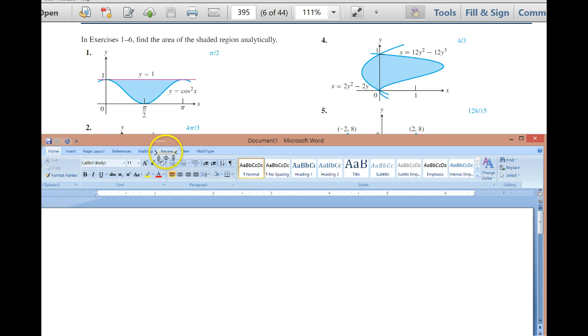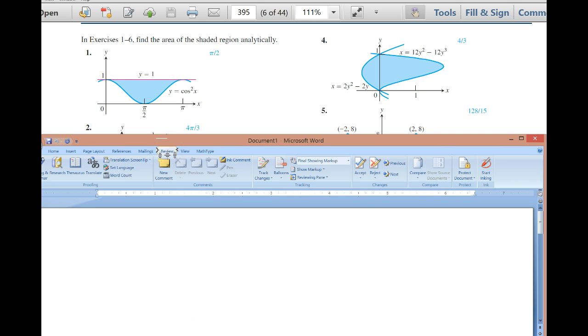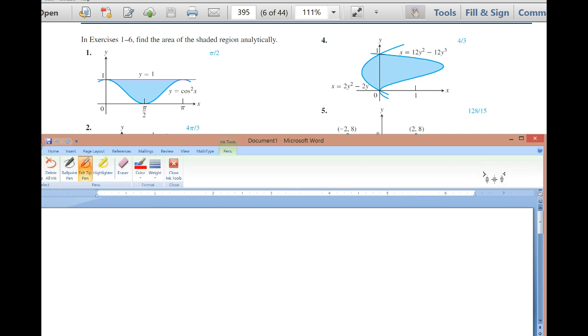Okay, next page. Wait, are we not doing 10? I did 10 later. Oh, that's it. Number 1.